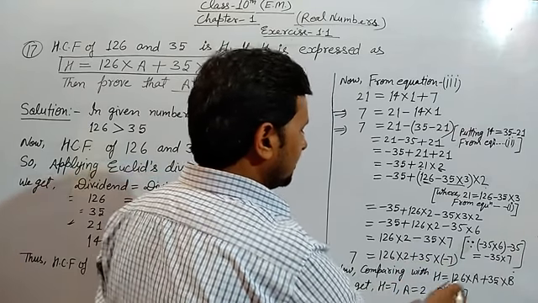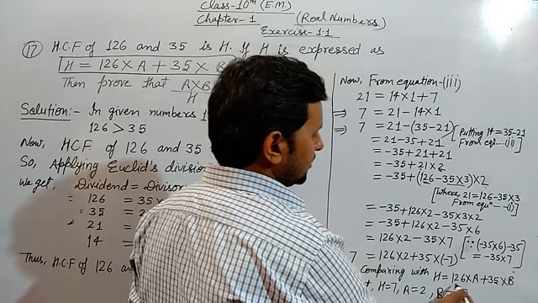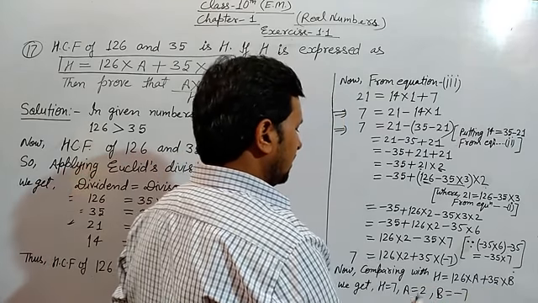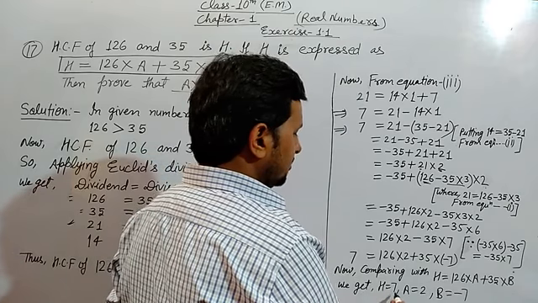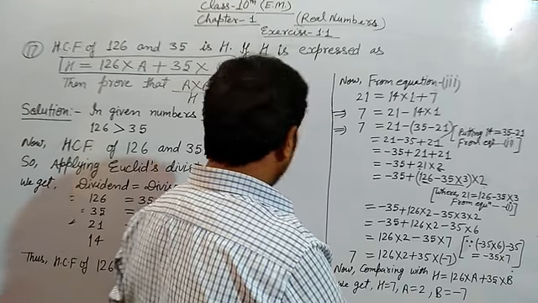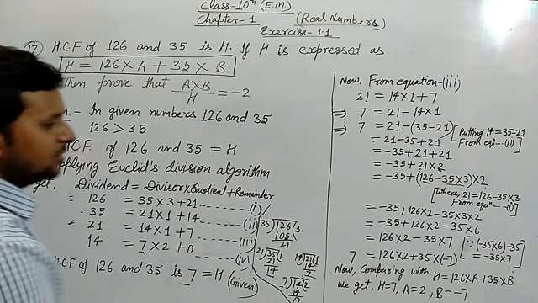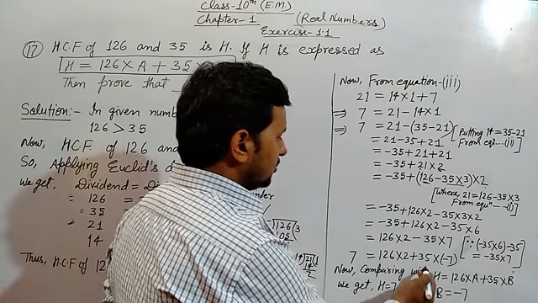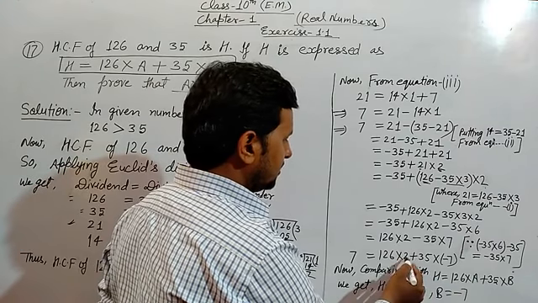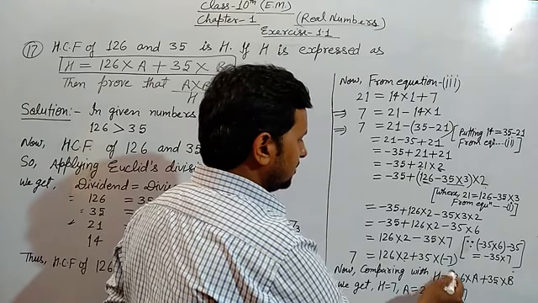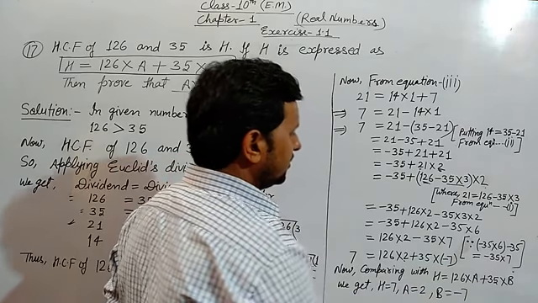We compare with the question h equal to 126 into a plus 35 into b. Now we get h equal to 7, as we got earlier as the HCF, a is equal to 2 because in the place of a is given 2, and b is equal to minus 7.